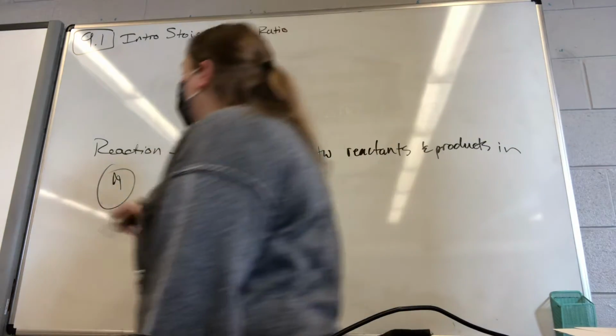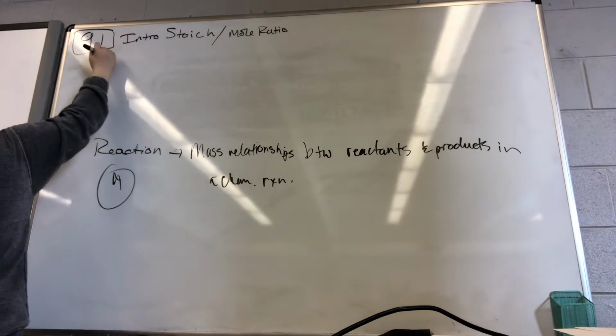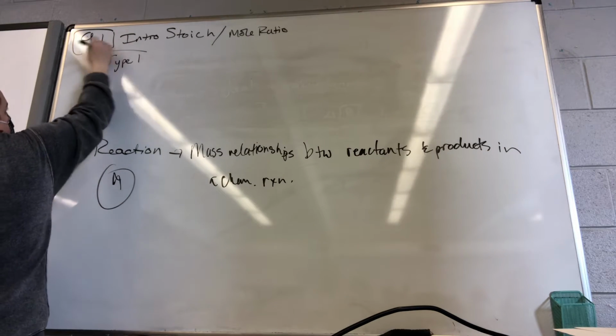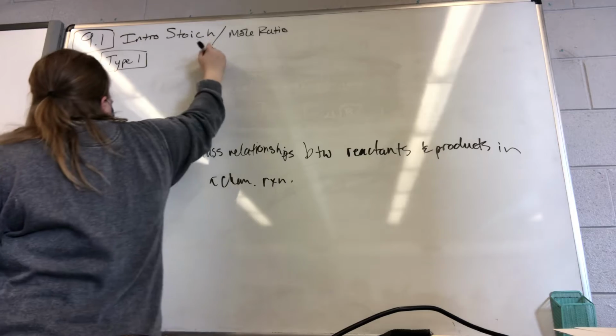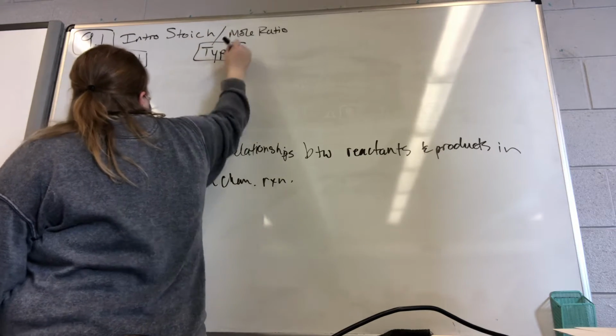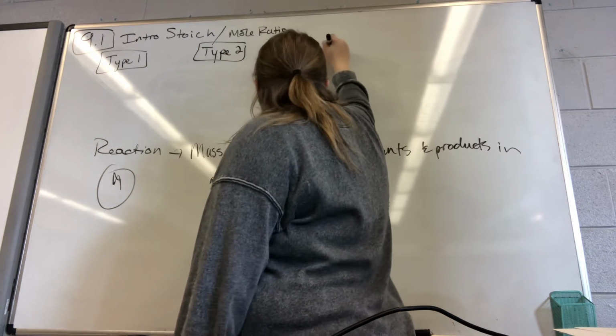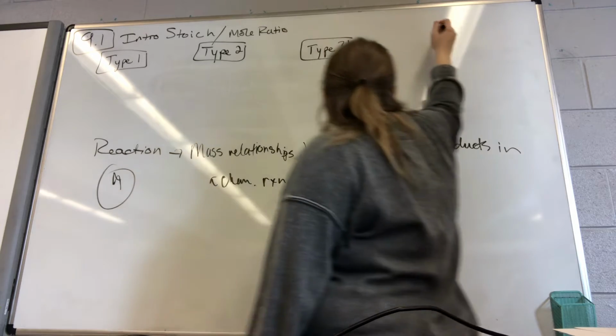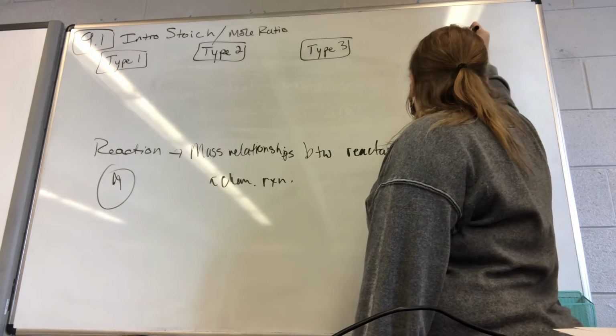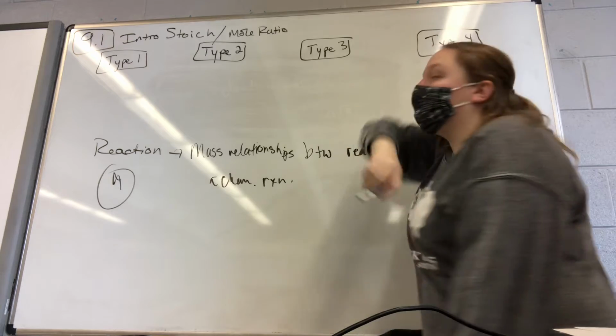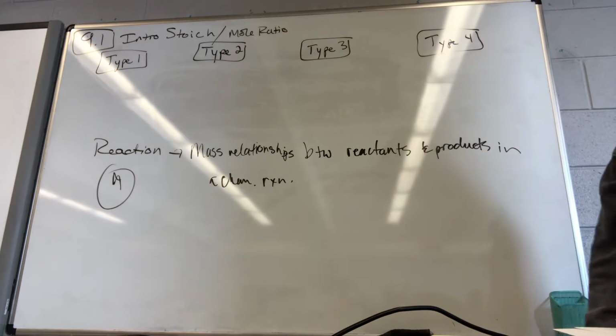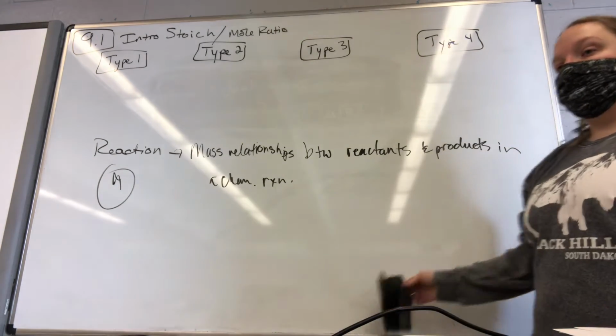That's more composition based. We're going to focus on the four types of reaction stoichiometry. There are four types of reactions I may give you for the most part, and we're going to work in this chapter on understanding all of them.